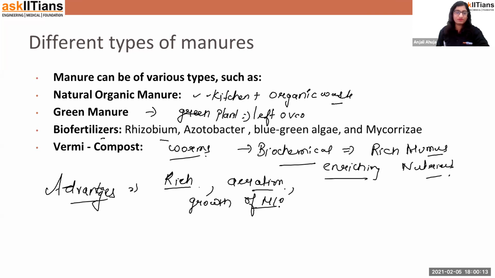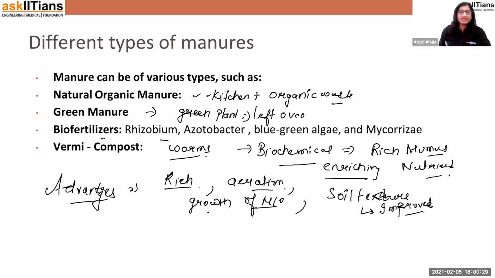MO is microorganism. Okay, it improves soil texture. Soil texture improved. And it increases crop production.